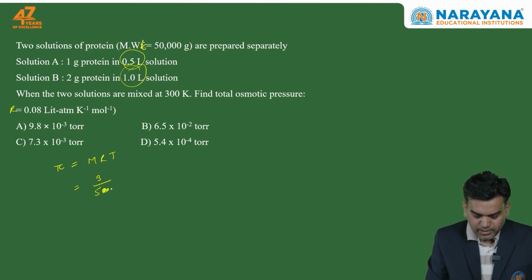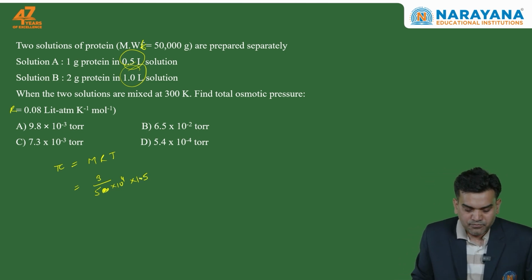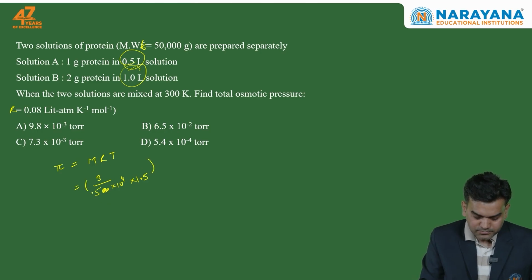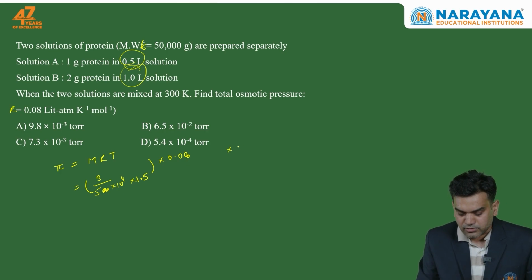So I can take 3 by 5 into 10 to the power 4 divided by the total volume of solution, which is 1.5 liters. This is already in liters, so I need not multiply by the 1000 factor. So this is the molarity. R they have given 0.08. So I'll leave some space that I'll tell you later. Multiply with the temperature. Temperature they have given 300.